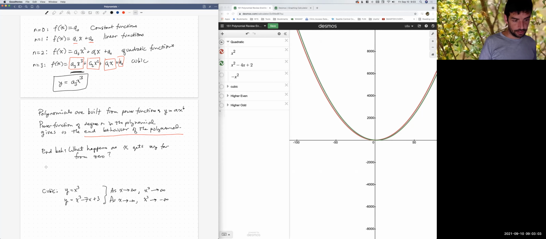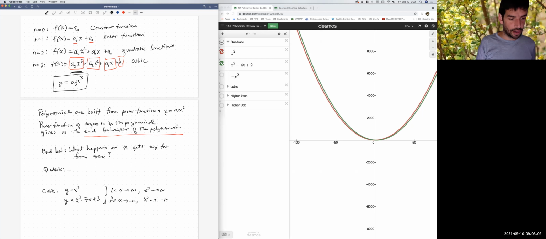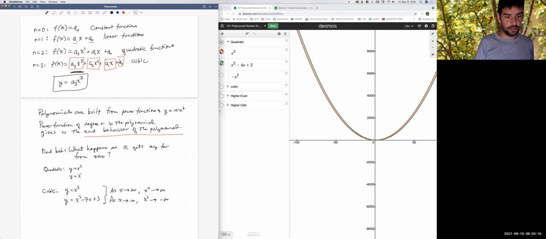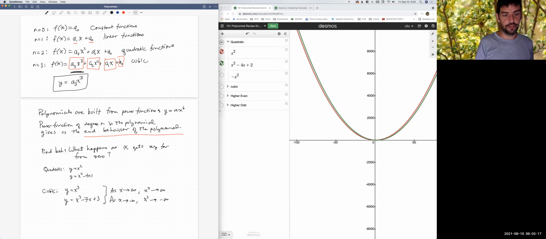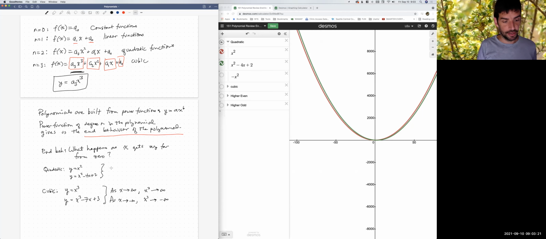Here, we have y equals x squared and y equals x squared minus 4x plus 2. These have the same end behavior as well.